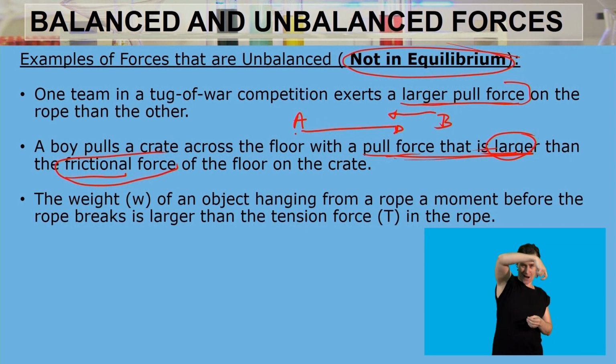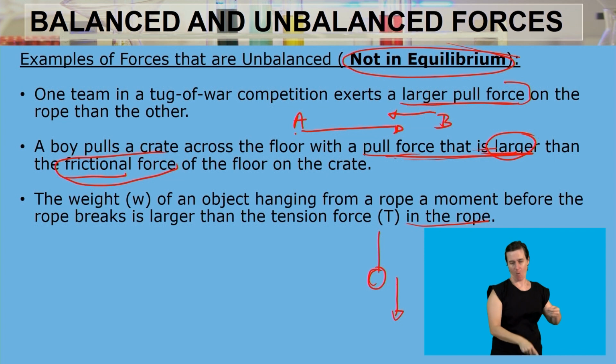Now, the weight of an object hanging from a rope a moment before the rope breaks is larger than the tension force in the rope. There's an object hanging on a rope, and then the rope breaks and the object falls. That means the force going down is much greater than the force going up.